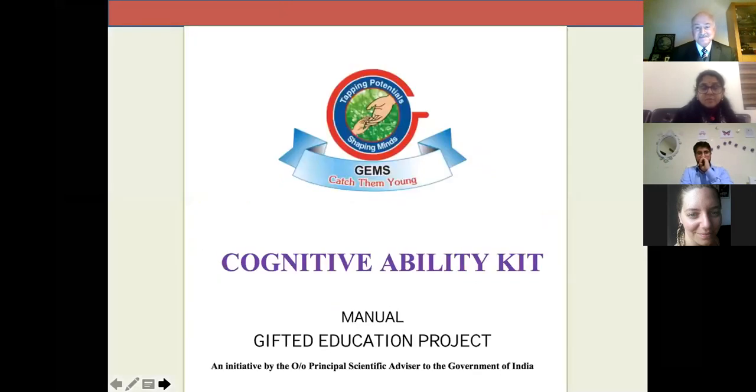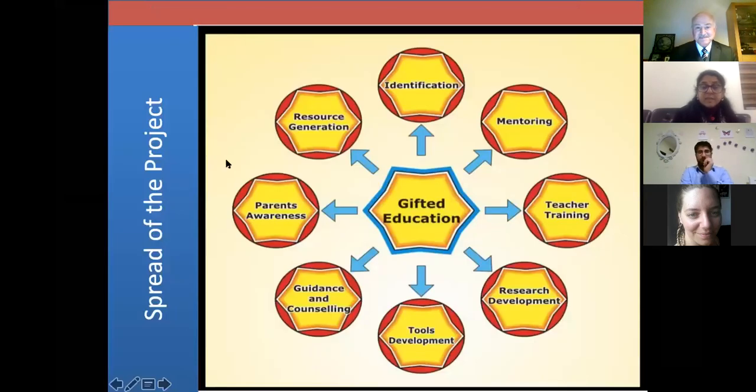Okay, and this is the spread of the work, because initially we started to develop the identification tools, but as we started working, we realized that there are many things which go hand in hand. So there were identification processes, there was the mentoring program, and who will be the mentor.